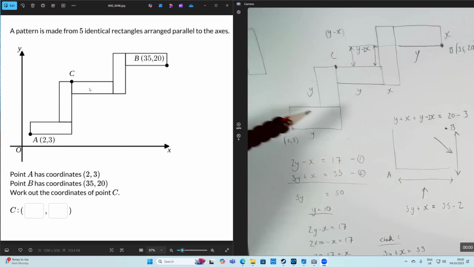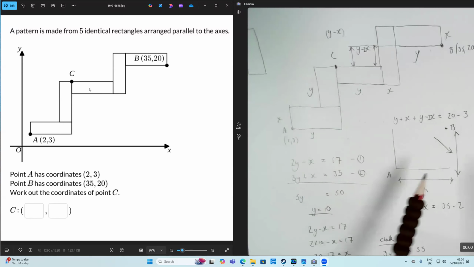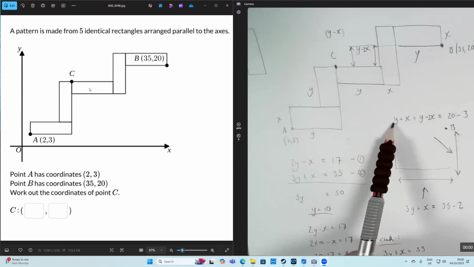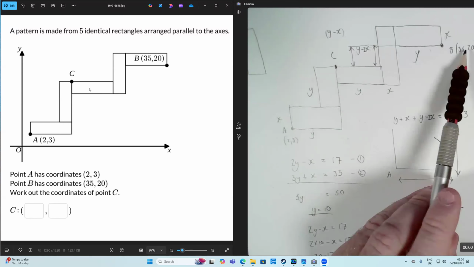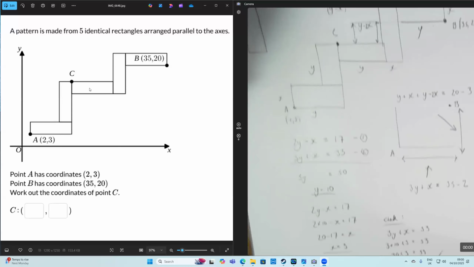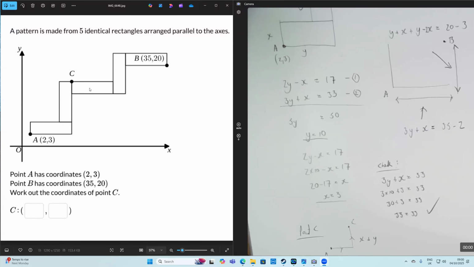So let's bring that together. That is an x, add a y, add a y minus 2x going up, and that corresponds to 20 take away 3, which must be 17. So we've now generated a pair of simultaneous equations, and we can solve them in the normal manner.